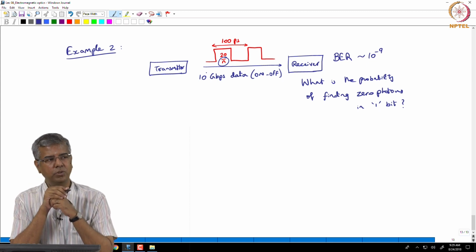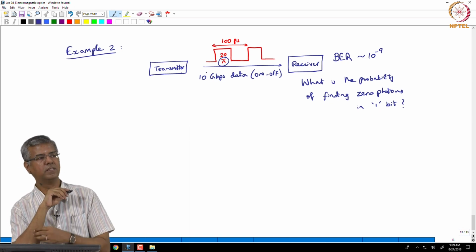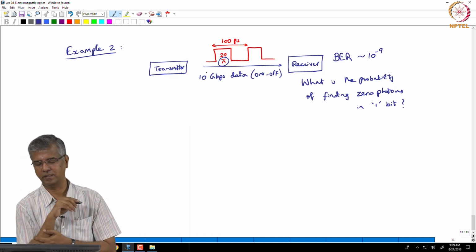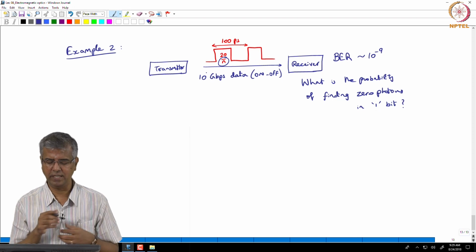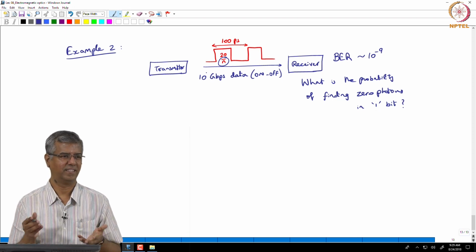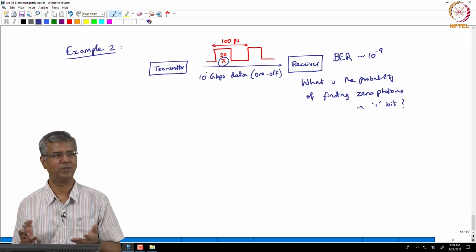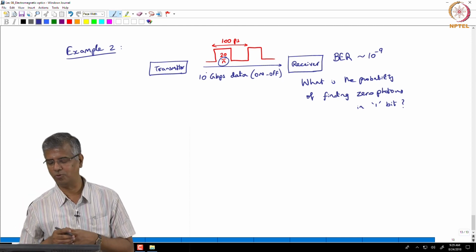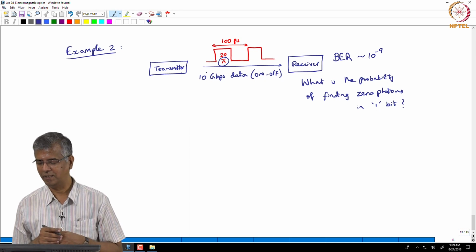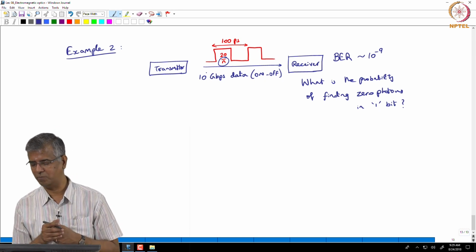What is the probability that you do not have any photons in that 1 bit at the receiver? You think if I am sending 20 photons, something has got to be there. So, you would say that it is impossible that you will have 0 photons corresponding to that, but we will look into that in a little more detail now.